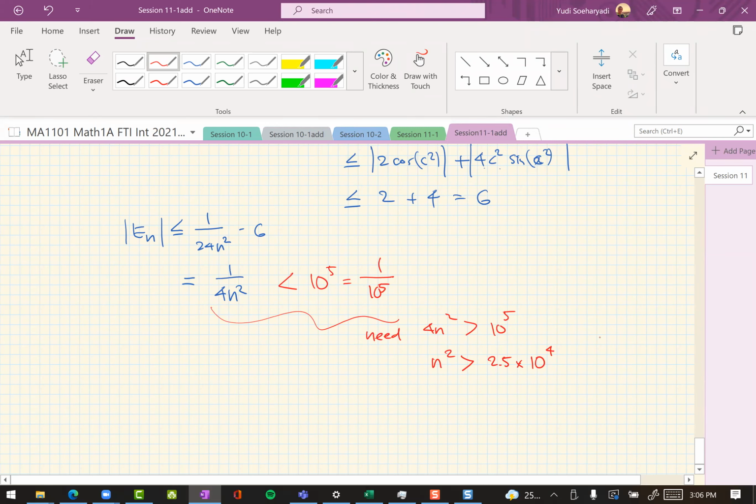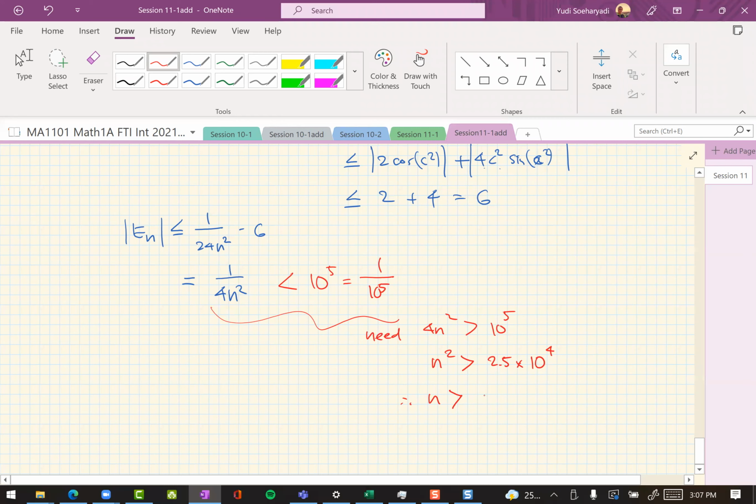Okay, so n squared must be bigger than, let's see. Take a calculator. What is the square root of 2.5? 1.58, sir, above 1.58.